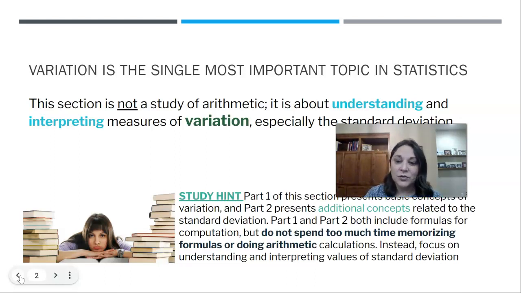You're going to see formulas that will help you calculate these measures of variation, but this is not a study of arithmetic. Your calculator can generate these values. I'm going to ask you to do it once for me written. I will not ask you to do it on an exam.